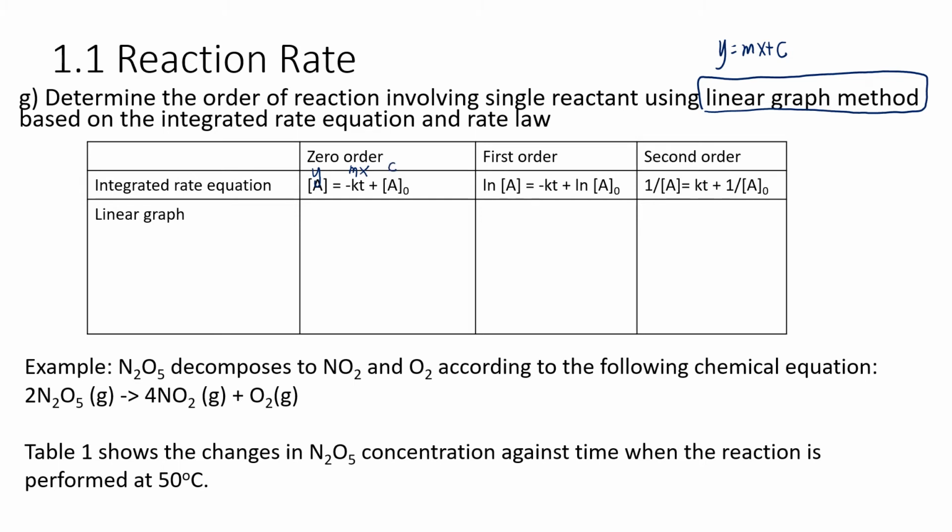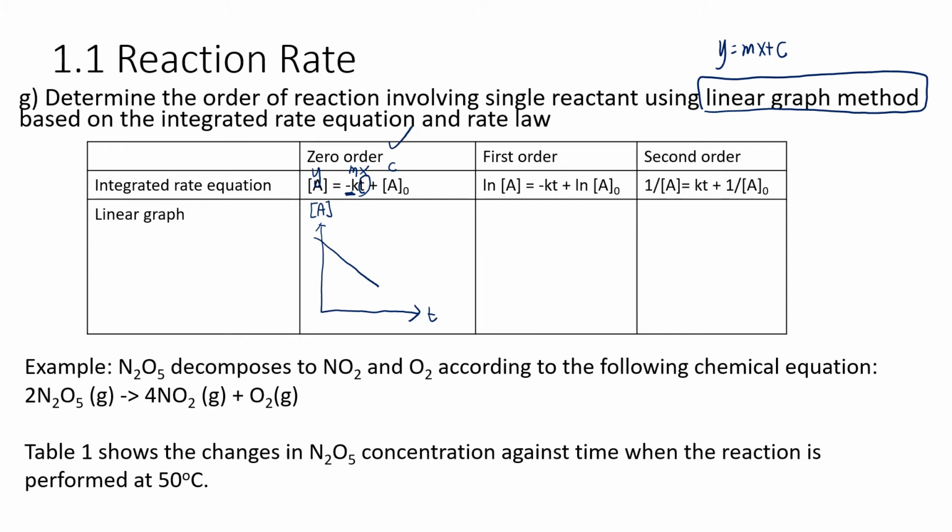So for zero order, the linear graph will be remaining concentration of reagent A versus time, and it is a downward sloping linear graph because the gradient is equal to negative k. So this is the linear graph that you need to plot for a zero order reaction.